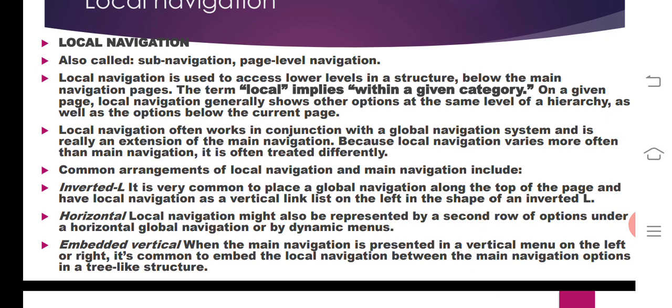Horizontal local navigation might also be represented by a second row of options under the horizontal global navigation, or by a dynamic menu. In the embedded vertical, the main navigation is presented in a vertical menu on the left or right, common to embedded local navigation, with options in tree-like structures.